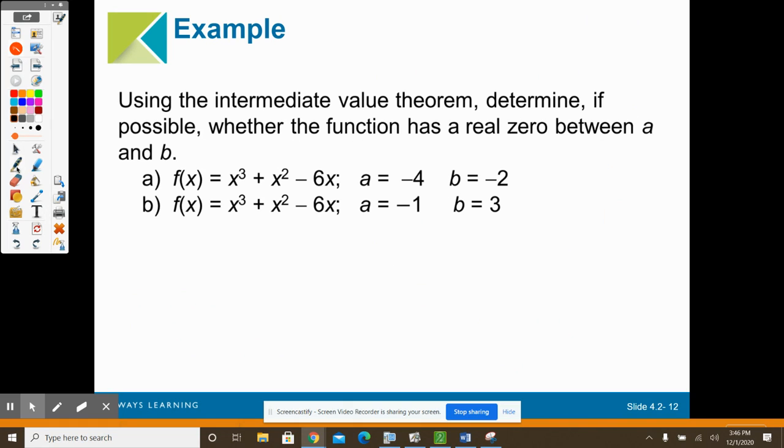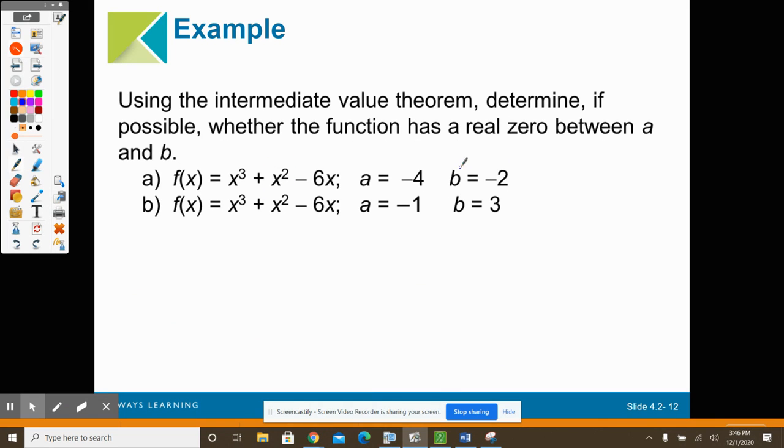Okay, so they will look like this. They'll give you an equation. They'll ask, is there a 0 between negative 4 and negative 2? So all you need to do is find f of negative 4 and f of negative 2, and see what happens. Well, f of negative 4, use your parentheses. Make sure you don't mess that up. Negative 4 to the 3rd plus negative 4 squared minus 6 times negative 4.